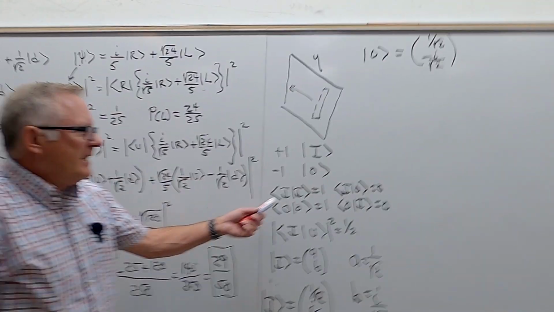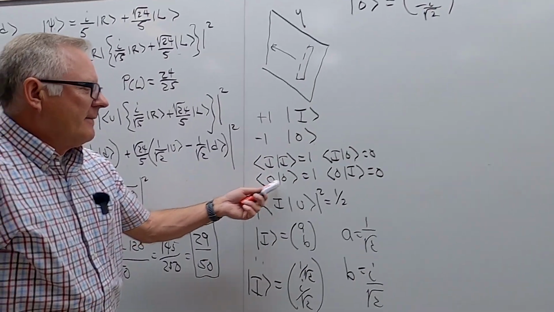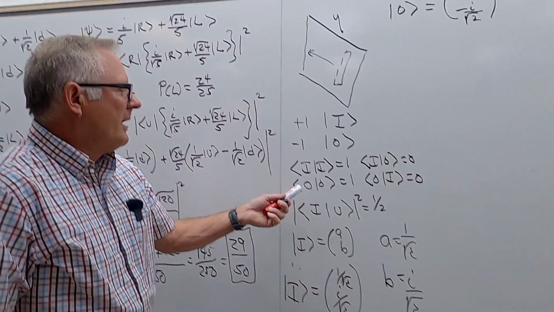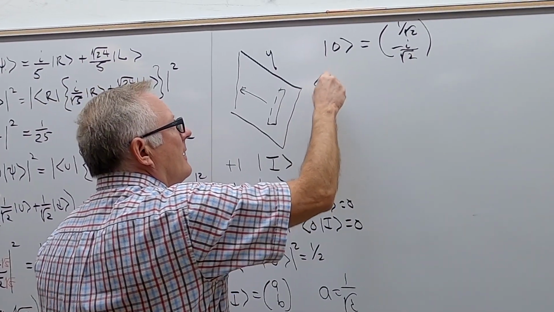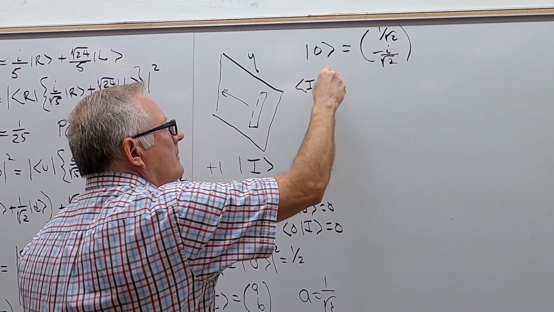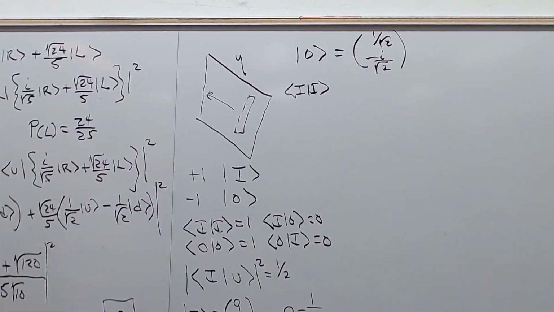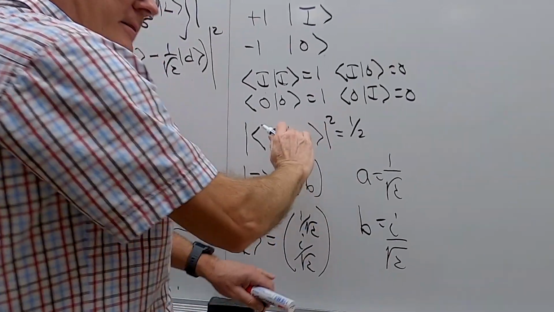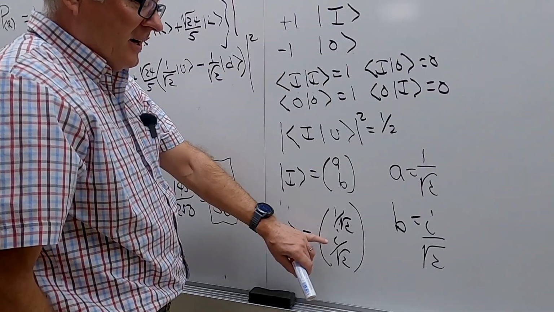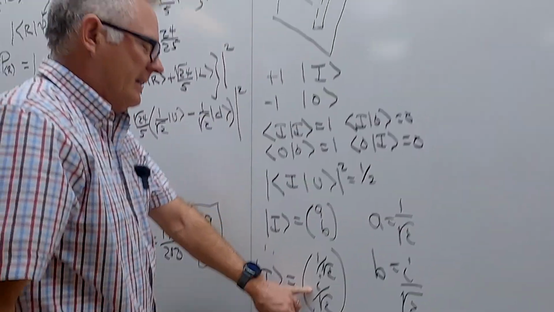Now, just to see if these work, let's go ahead and pick the in. For the in, we flip it, and then we take the complex conjugate. So that's going to have to go to minus.